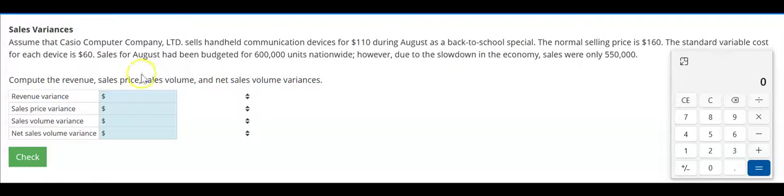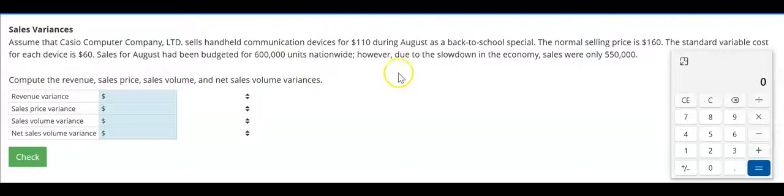It says, assume Casio Computer Company sells handheld communication devices for $110 during August as a back-to-school special, with a normal selling price of $160. The variable cost for each device is $60. Sales for August had been budgeted for 600,000 units nationwide.